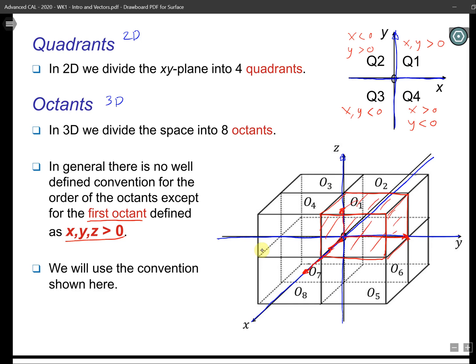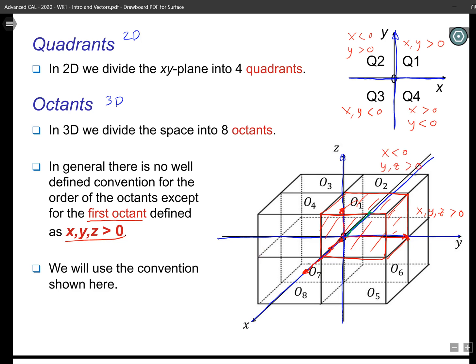In this octant 1, x, y, and z are positive. Alright, and you can move to octant 2. In this octant 2, everything is about the same except that x becomes negative. You can see that in this octant 2 in the back, x is negative, green here is negative. So x is negative, but y and z are still positive.